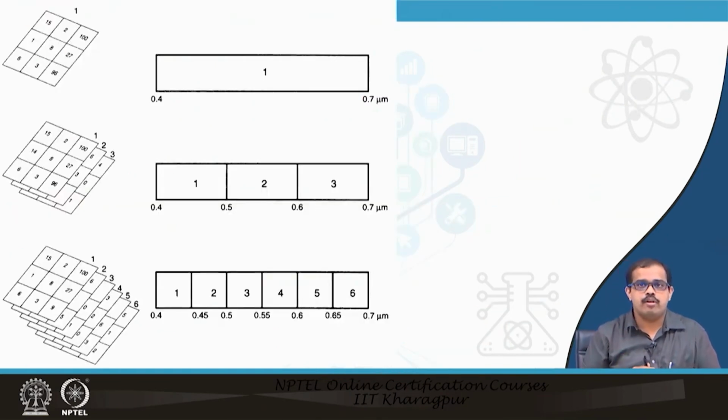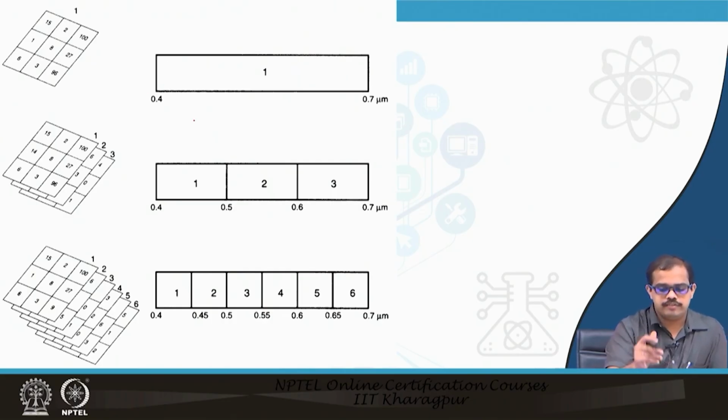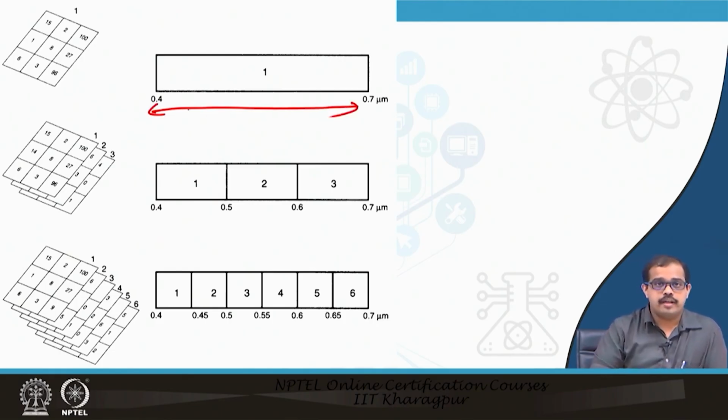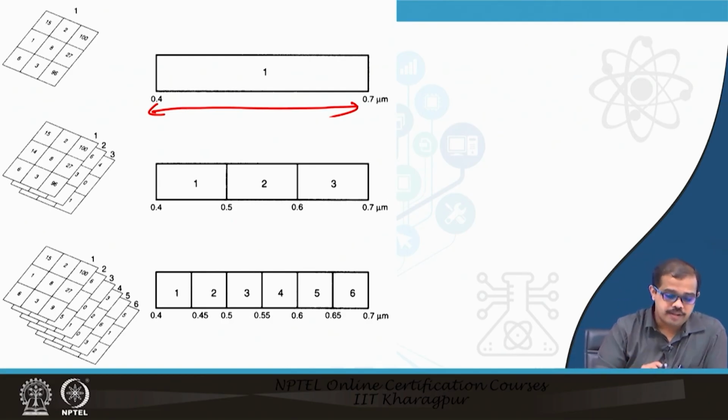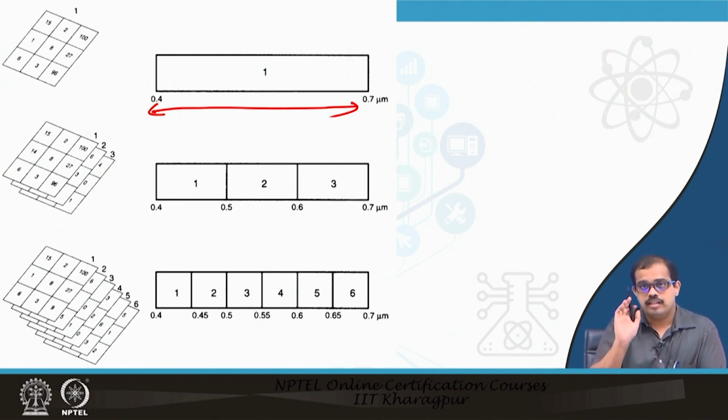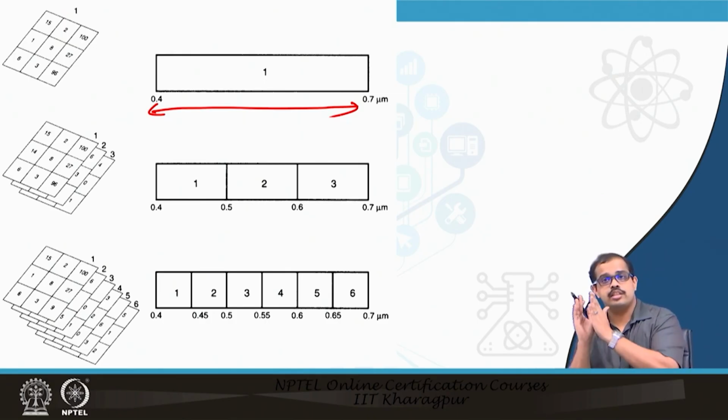To give you an example of what we mean by spectral resolution, I have just taken the visible wavelength, from 0.4 to 0.7 micrometer. This is one of the examples from the Canadian Space Research Centre, which explains spectral resolution. If the entire range from 0.4 to 0.7 is sensed by a single sensor and the output is a single image, then the spectral resolution is 1.